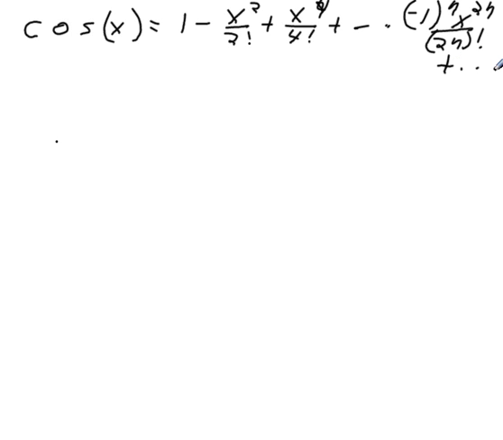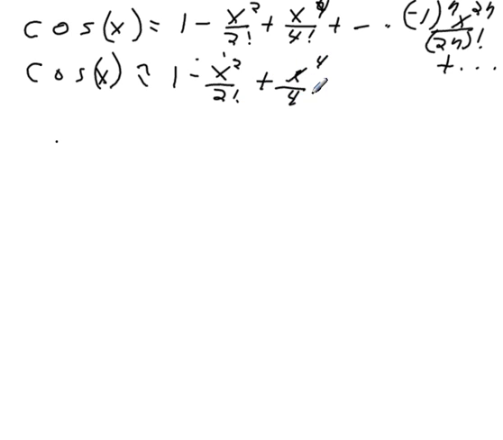infinite sum. Now, in reality, we will never be summing up an infinite number of terms on the right-hand side of this equation. We will be truncating this or cutting it off somewhere. When we do that, we now are getting some kind of an approximation. So we might say if we wanted to approximate the cosine of x, we would say it's approximately equal to 1 minus x squared over 2 factorial plus x to the 4th over 4 factorial.